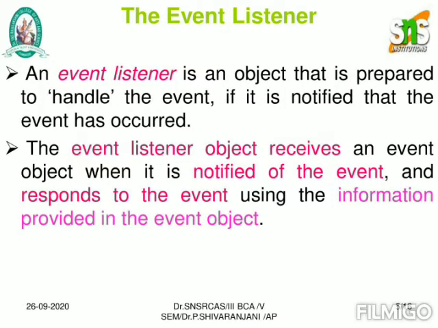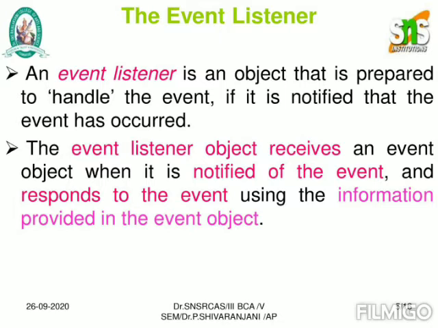The next thing is the event listener. An event listener is an object that is prepared to handle the event if it is notified that the event has occurred. The event listener object receives an event object when it is notified of the event and responds to the event using the information provided in the event object.